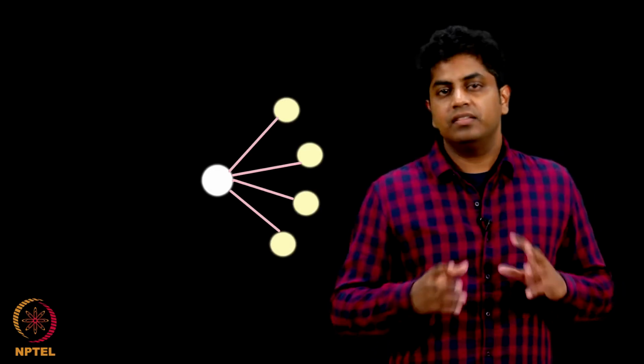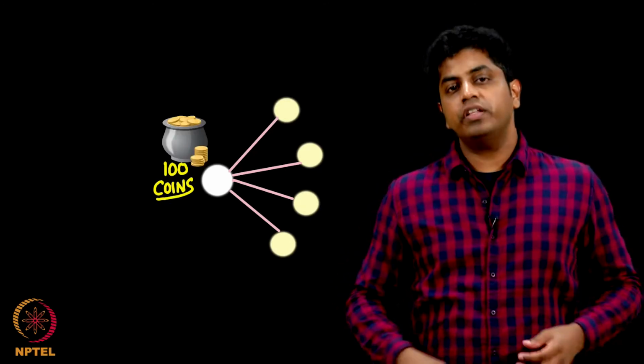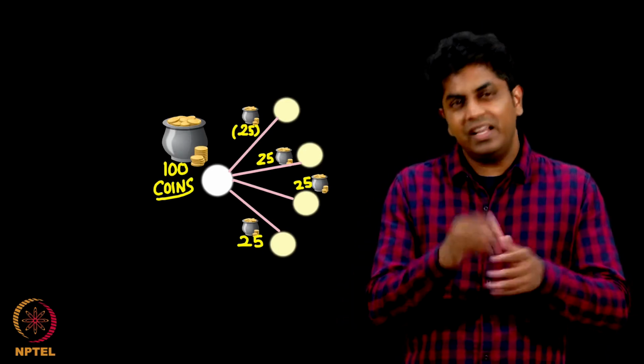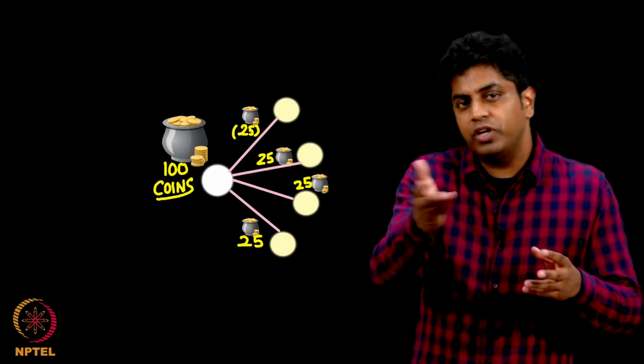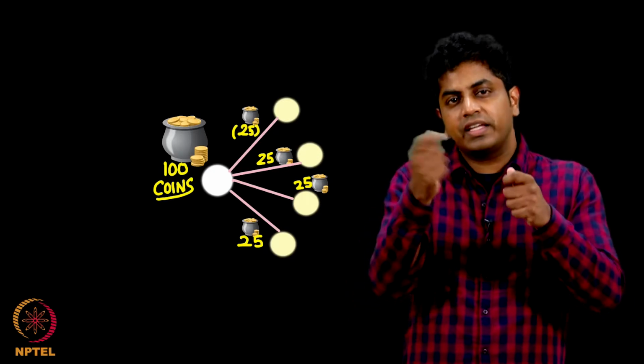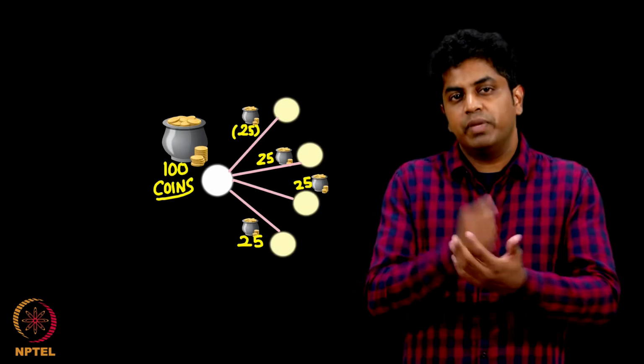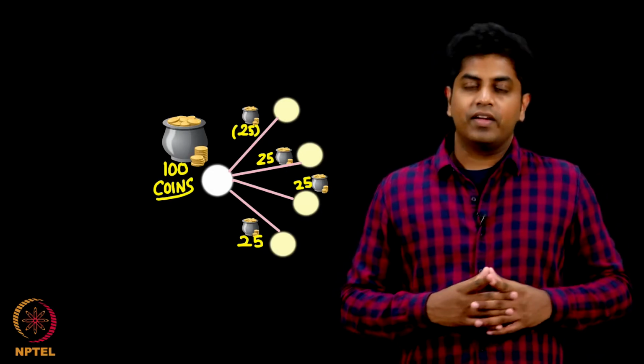So, let us say 4 edges are going, not 3, 4 edges are going, 100 gold coins to a node, and this node gives 25 gold coins to each of his neighbors. If it was 3, I will just divide it by 3 and 33.33 each. I will assume gold coins can be divided into decimal parts, by powdering them, let us say, okay.